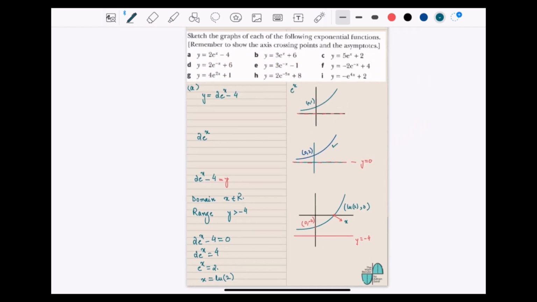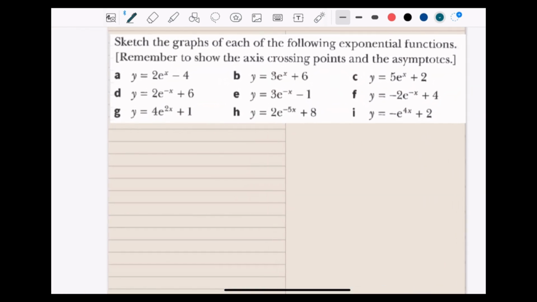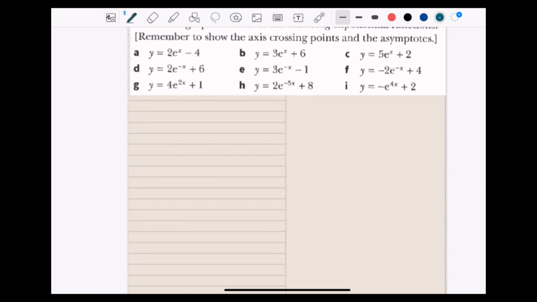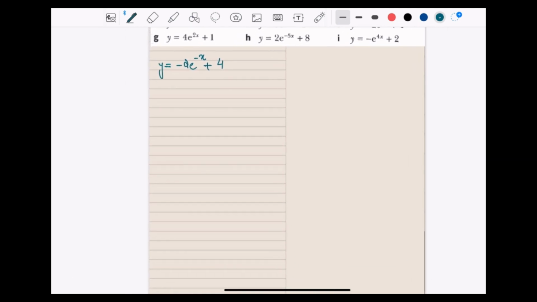Now let's look at another example. If I have y equals -2 e to the power negative x plus 4. We all know by now what a parent function looks like.